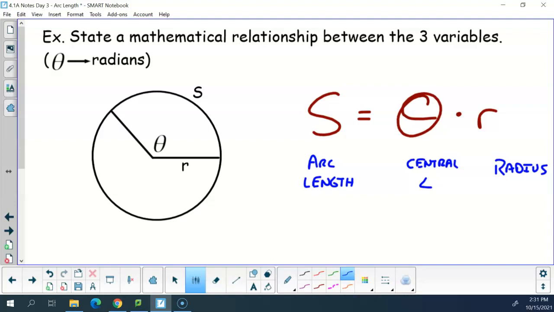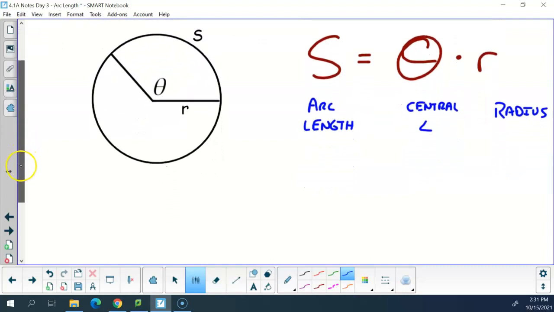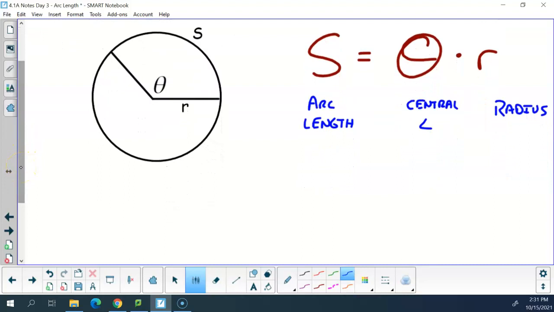And now what we can do with that is mathematically solve for the other variables. If s is equal to theta times r, that means theta is equal to s divided by r, or that r is s divided by theta, which was the one we just did in that last problem.